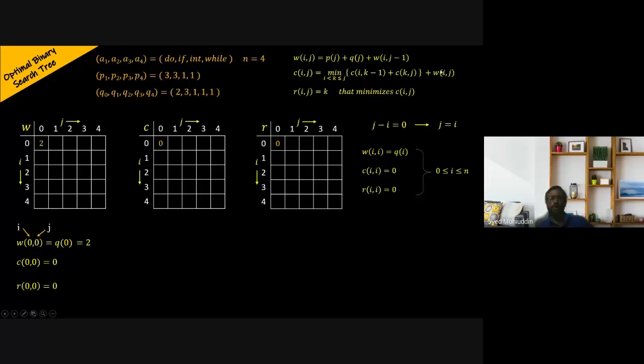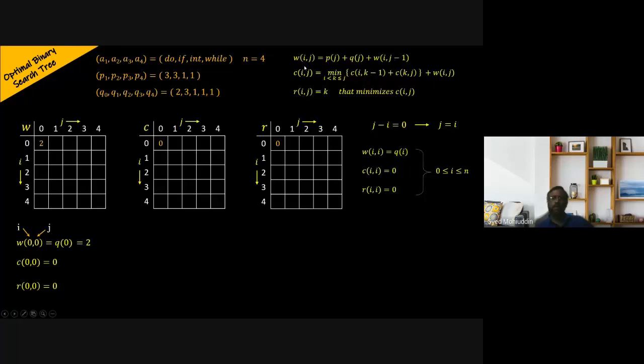This w is the weight, and it is computed using the probabilities. It tells us how much weight has to be added to the total cost of the binary search tree, such that at the final stage we get the optimal binary search tree.